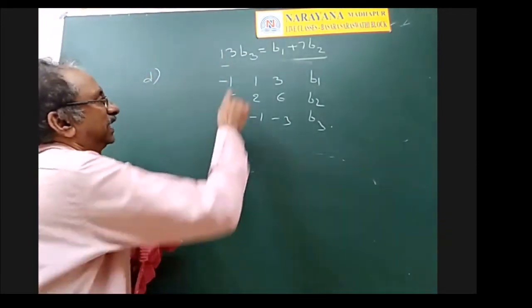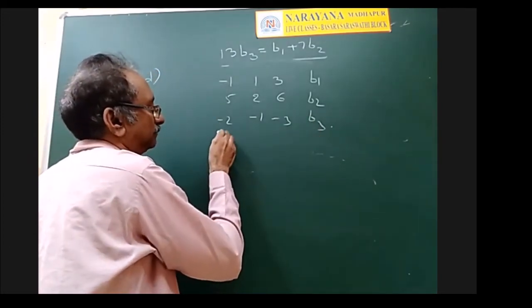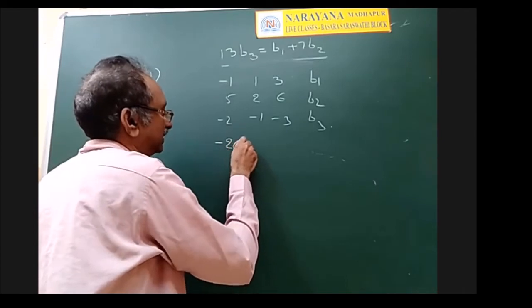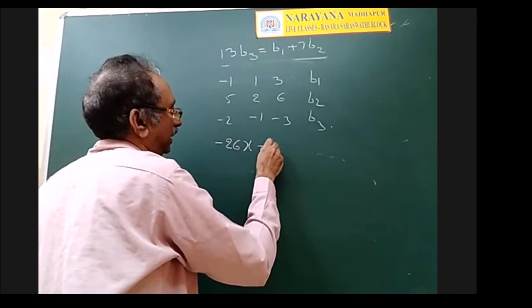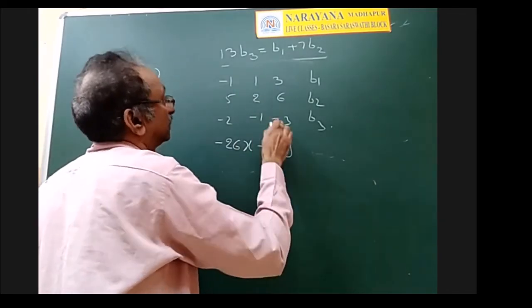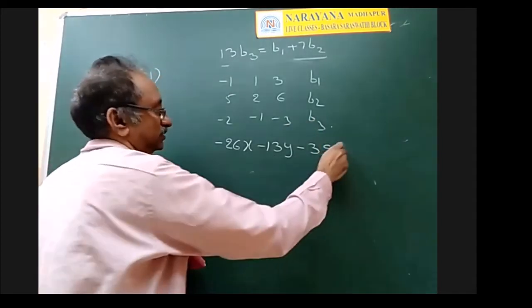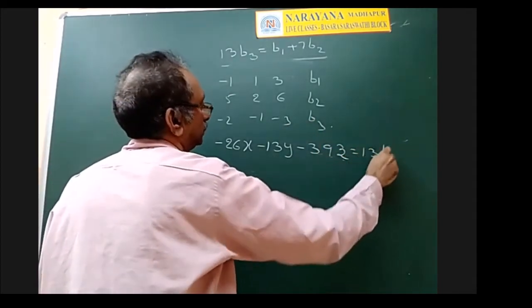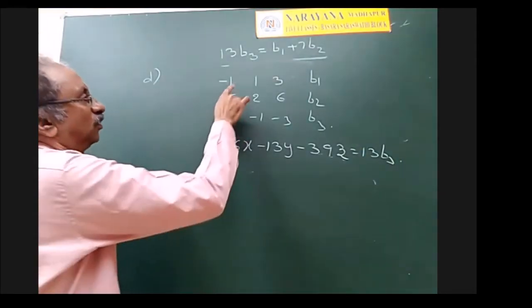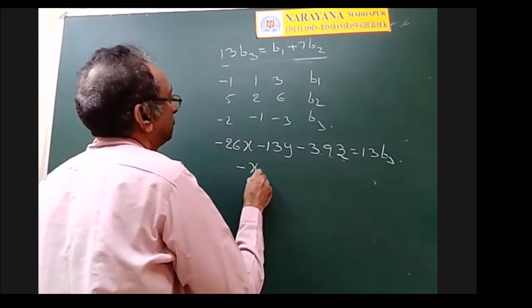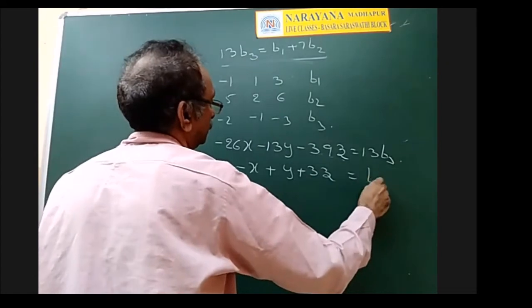Okay. That means 13B3. What is 13B3? That means multiply this with 13, that is minus 26 x. So 13B3 means minus 13y and 13 into 3, minus 39z is equal to 13B3. Okay, and therefore what is B1? B1 means minus x plus y plus 3z is equal to B1.